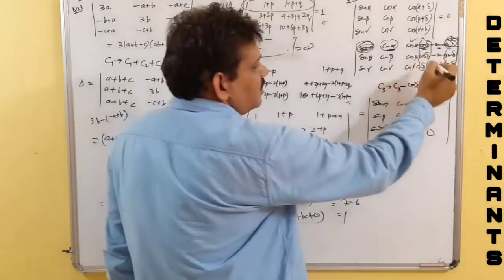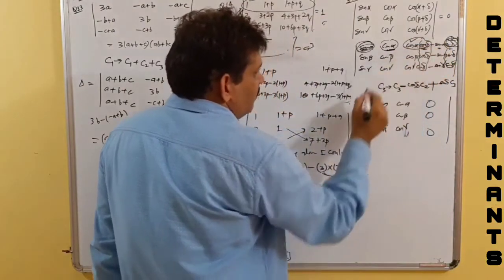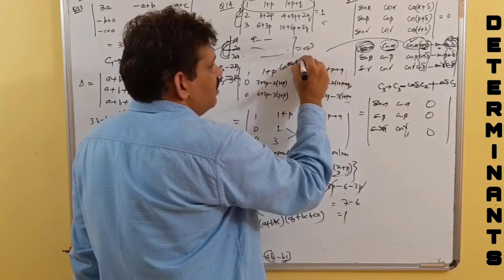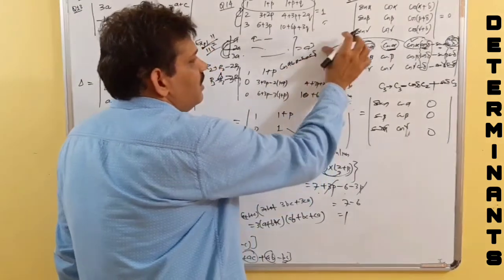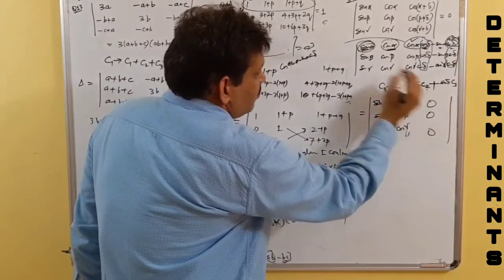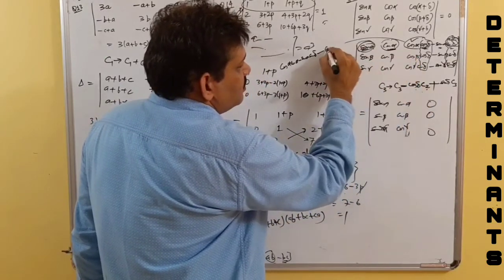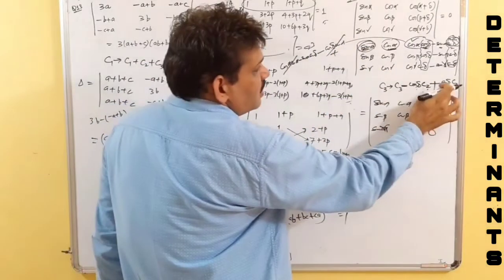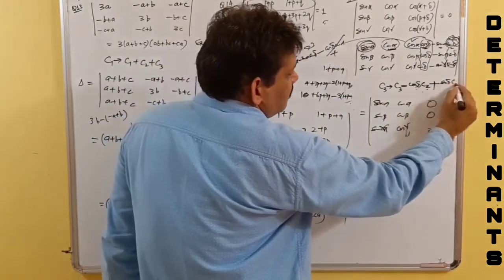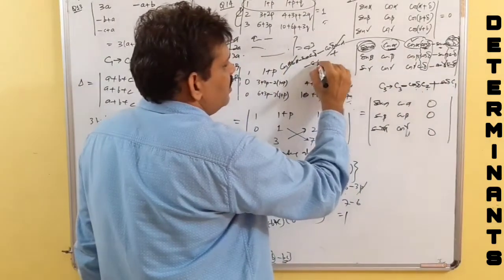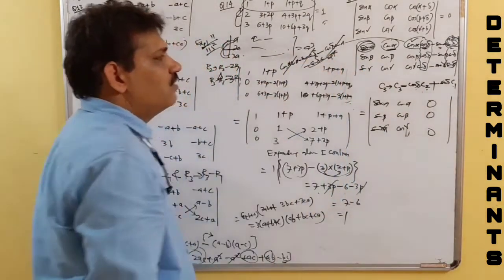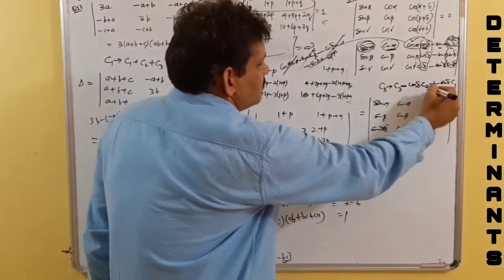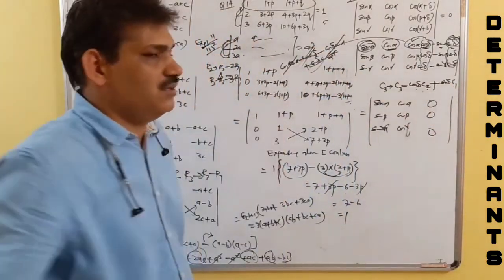You can observe, see, cos alpha, cos delta minus sin alpha, sin delta, minus cos delta times of this, minus cos delta cos alpha, that will be cancelled out, plus sin delta C1, so minus sin delta sin alpha, this will cancel out, sorry, plus, so this plus will be cancelled.